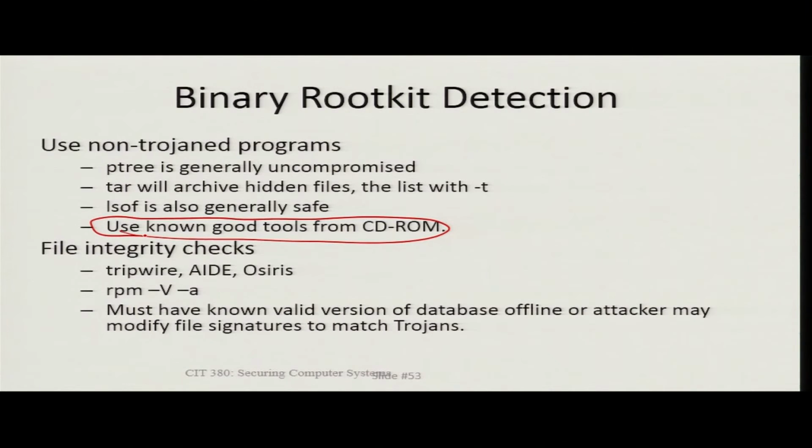And if that turns out to be different, then you know that something is wrong, and then you have to somehow clean your system. You can do various file integrity checks so that you can check whether something is different from where the system should be.